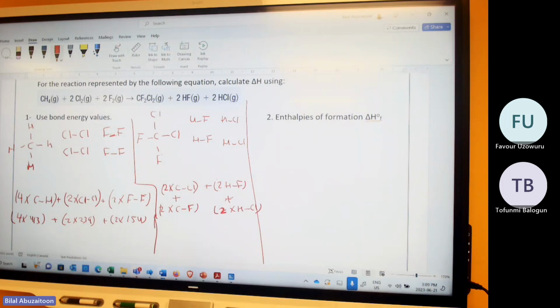Next one, 2 times 339, C-Cl, plus 2 times 485, C-F, plus 2 times 565, plus 2 times 427.